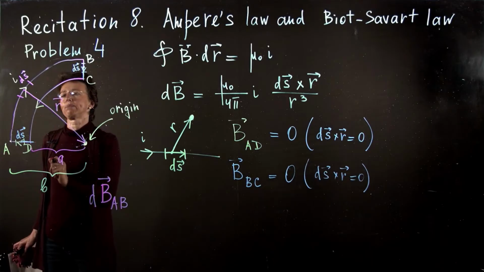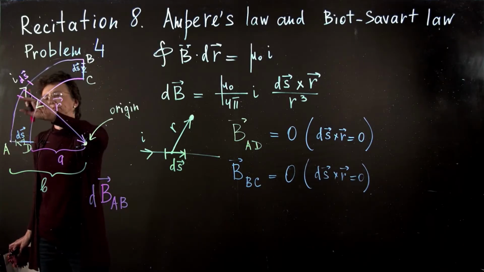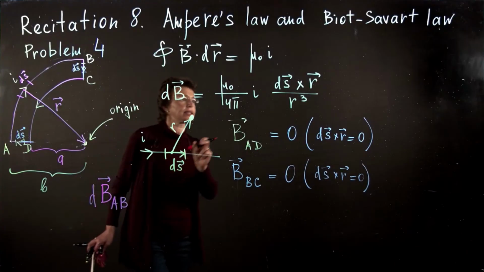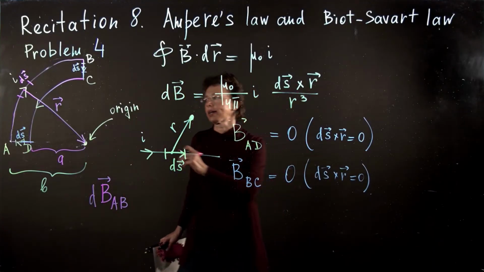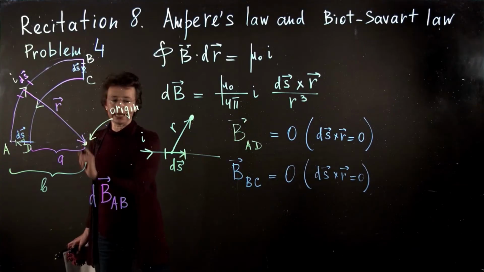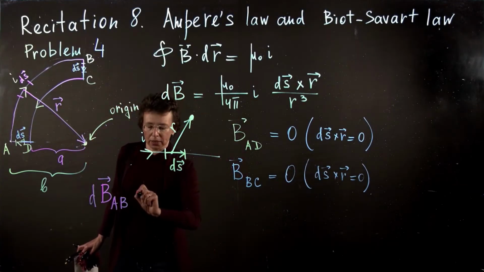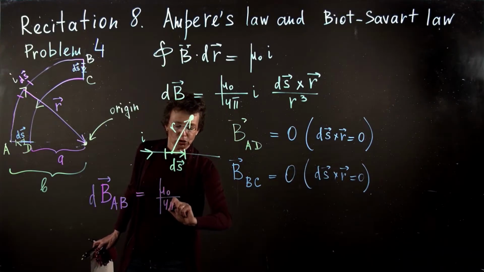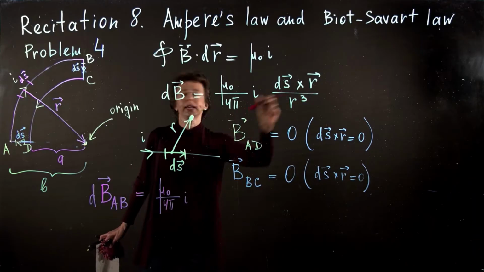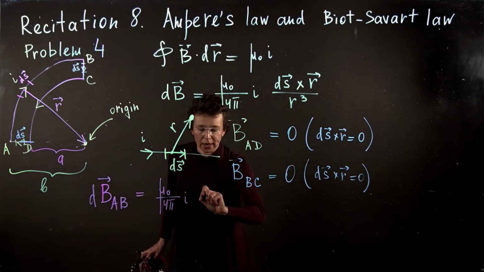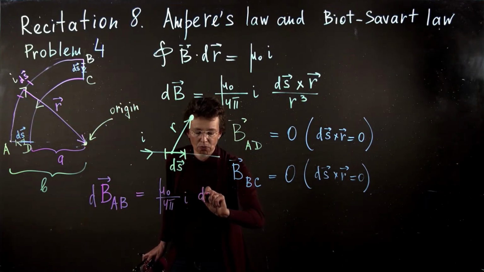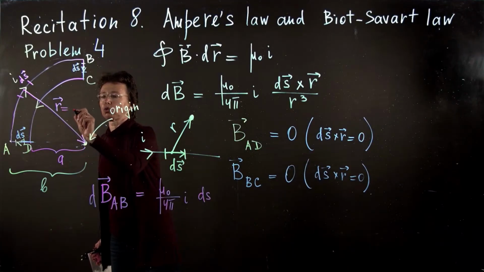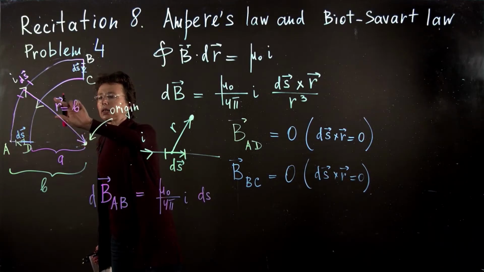ds is a piece of a circle. So r is perpendicular to ds. ds cross r is just the product of ds and r. I rewrite these constants, mu naught over 4 pi, current I. Then ds is perpendicular to r. ds, so far I will leave it as ds. r is equal to B. I will write just the magnitude.